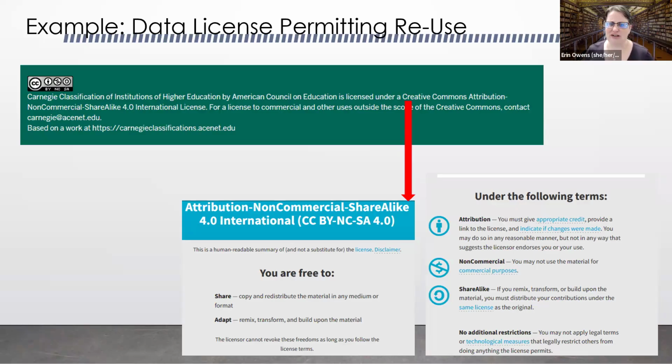I like to think of the share alike element as a pay it forward. You've gotten to benefit from my free work, so you should let other people benefit from anything new that you do with my work. And then it very explicitly says at the bottom, there are no additional restrictions. So as long as I meet those three criteria, I can share and adapt this in any way that I would like. So that's a good example of what we might see in data licensing.